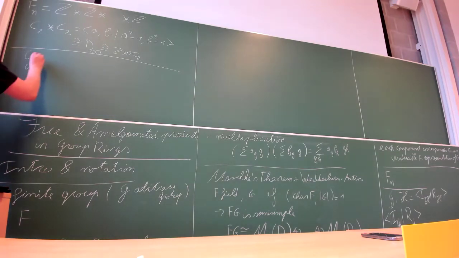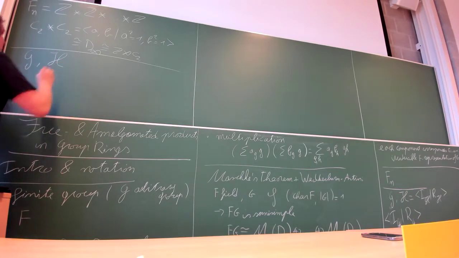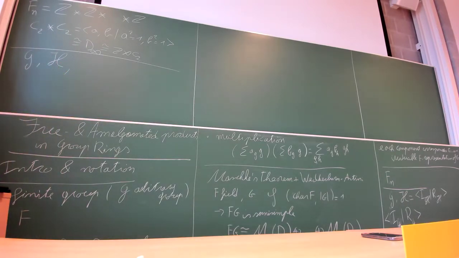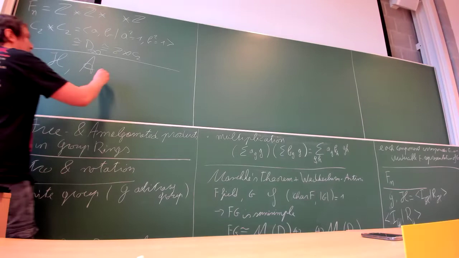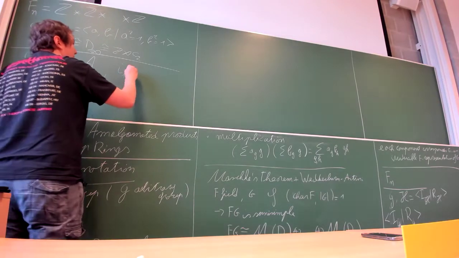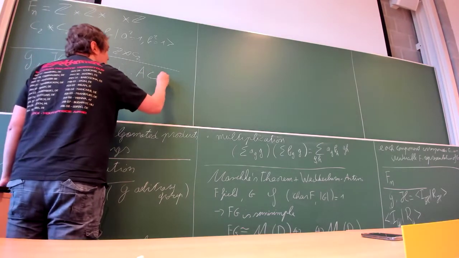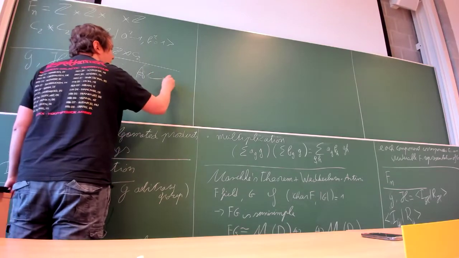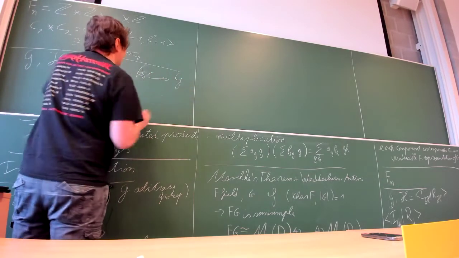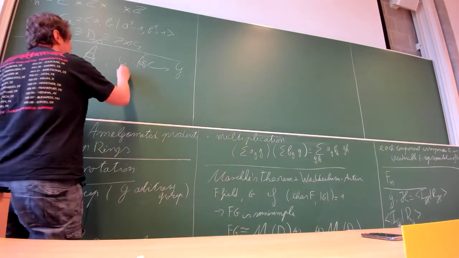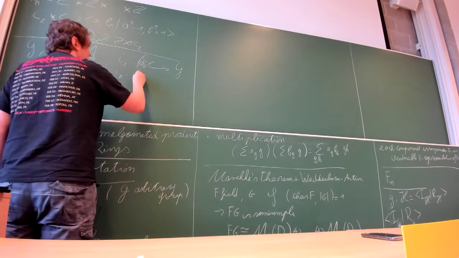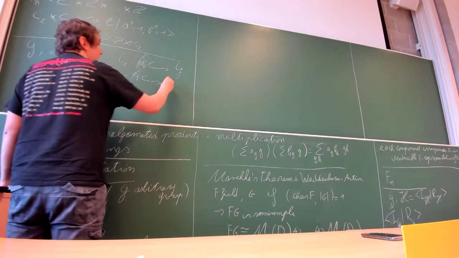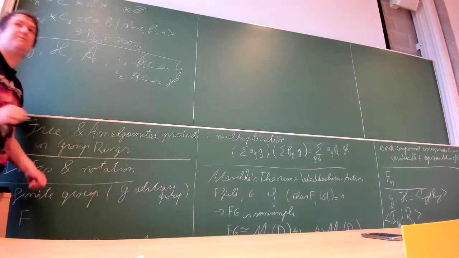Suppose you have two groups, G and H, and I have another group, A, and A is a subgroup of both G and H. So suppose I've got a map i1, or actually an injection, sorry, from A into G. So really a homomorphism, of course. I mean, I want to talk about subgroups here. And an injection into this H.